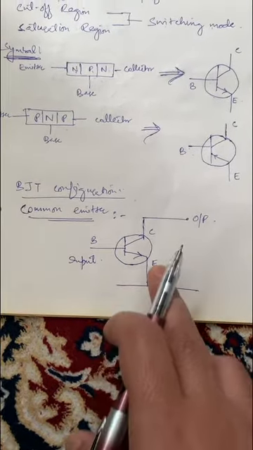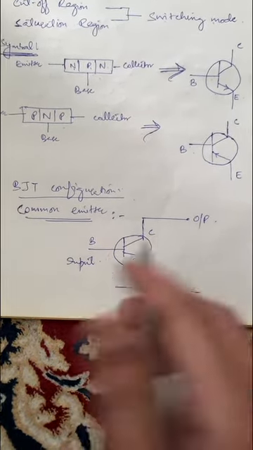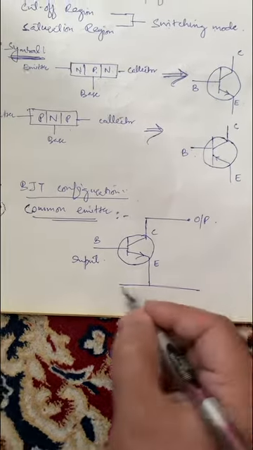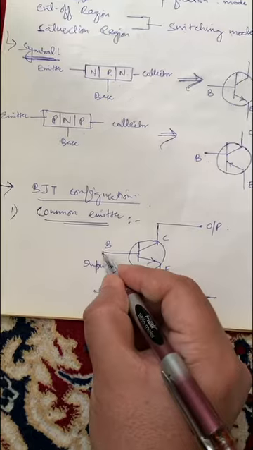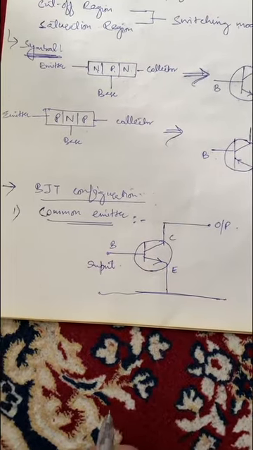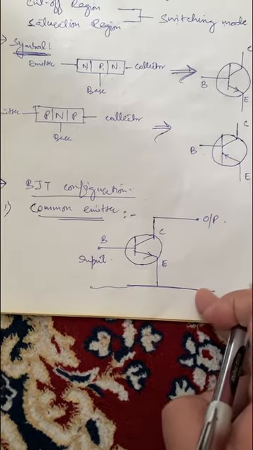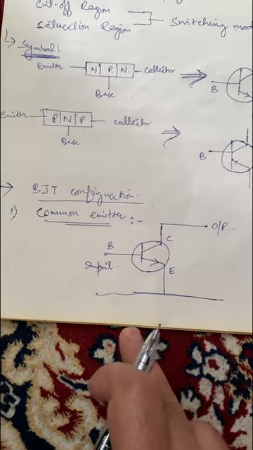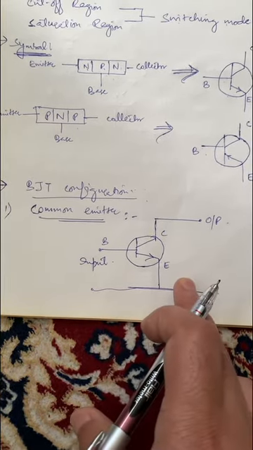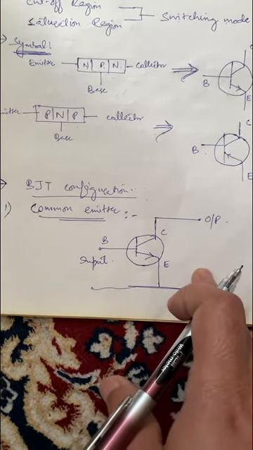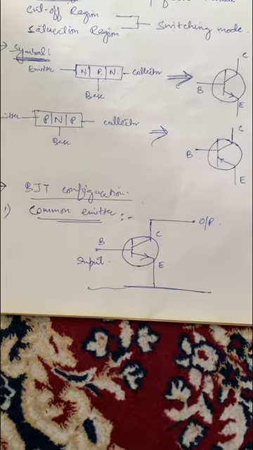In case of common emitter configuration, the emitter terminal is common between the input and the output side. That means in this configuration, the input signal is applied between the base and the emitter, and the output is measured between the collector and the emitter terminal.